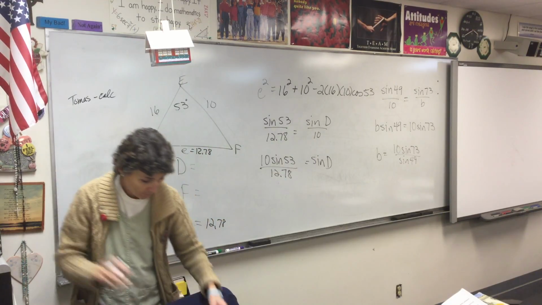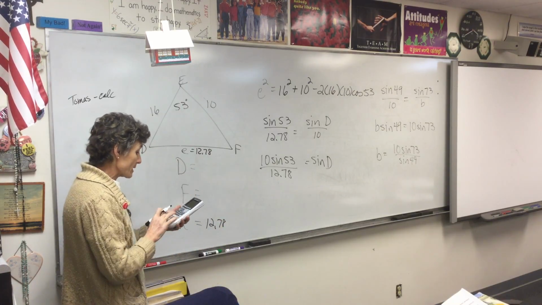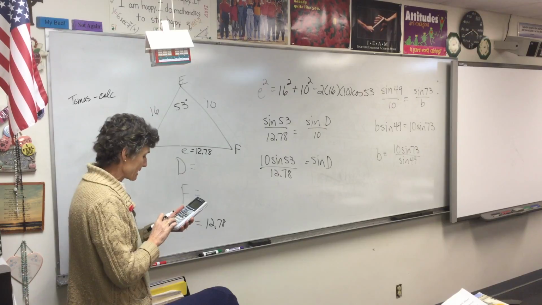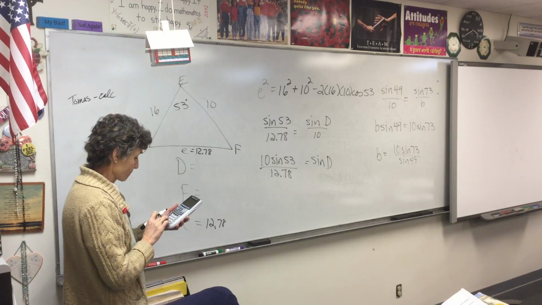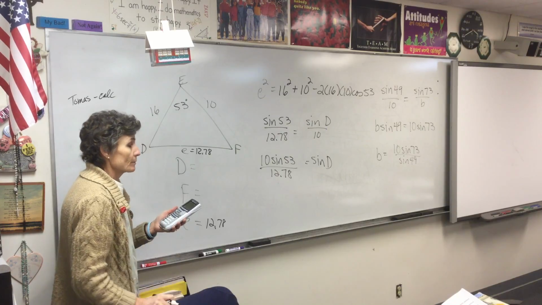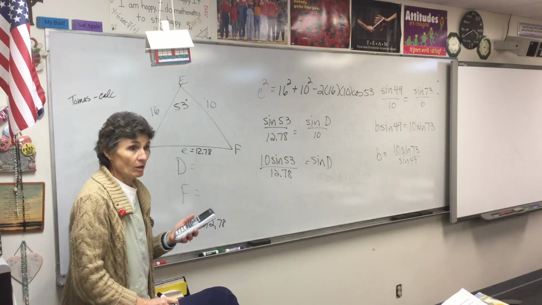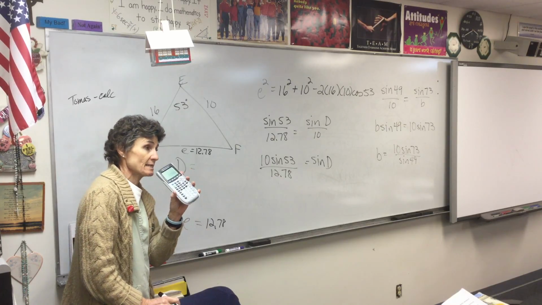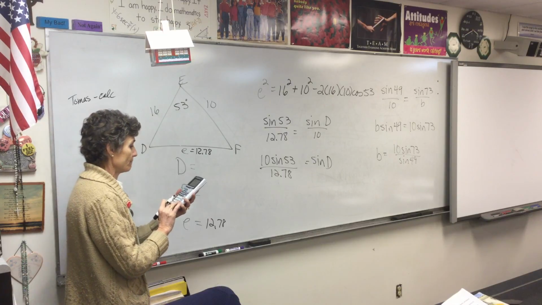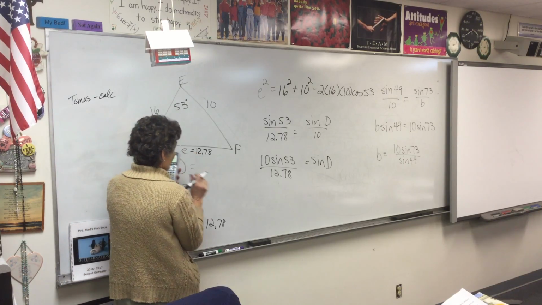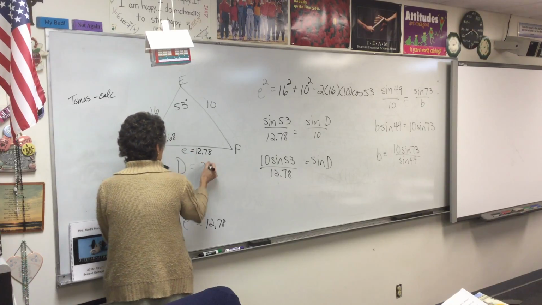When I type this in, I'm going to get a decimal. But in order to get the angle, I'm going to have to do what with this decimal? Second sine it. Very good. And that angle D is 38.68.